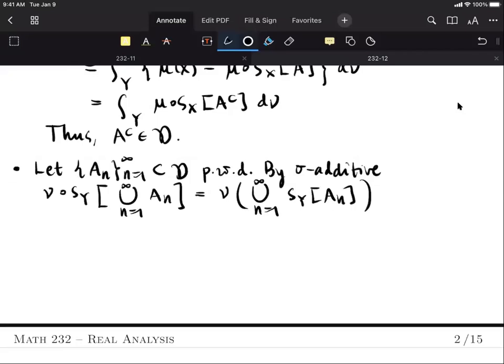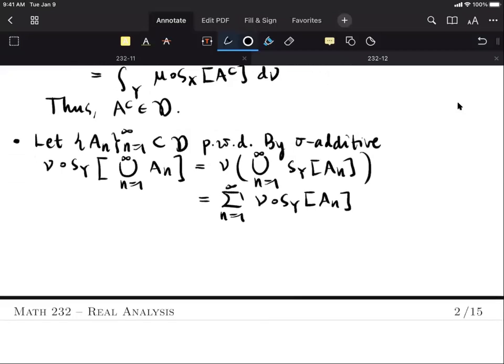So sigma additivity of nu implies that this is the sum, and as you know, the series can be written as the limit of the partial sums.